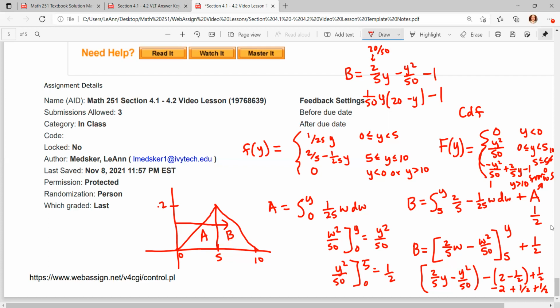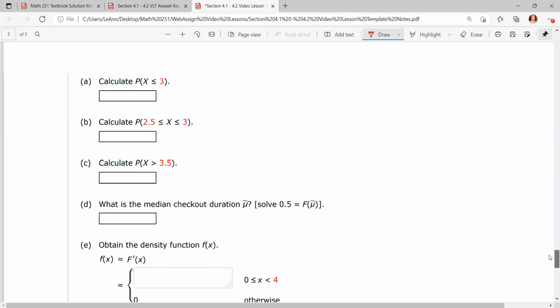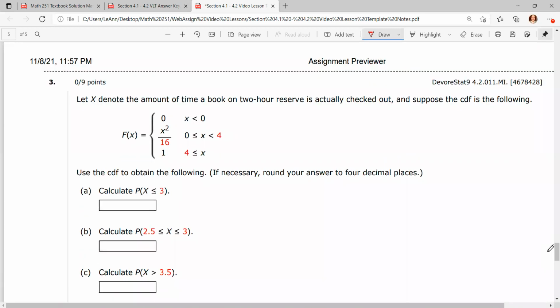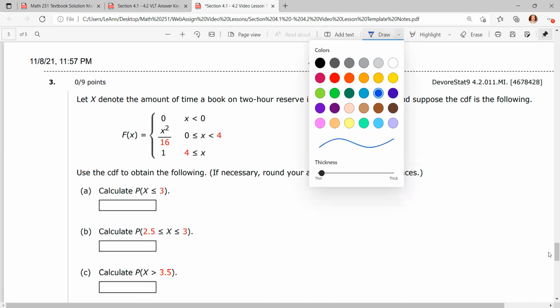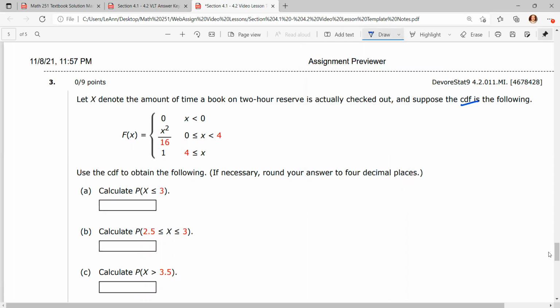Okay, let's go up then, because I had one more example for this video, and that's this one. It says, let X denote the amount of time a book on a 2-hour reserve is actually checked out, and suppose the CDF is the following. It's very important to note what they've given you. This is a CDF. It also has a capital F, so that's telling you this is the accumulating function.